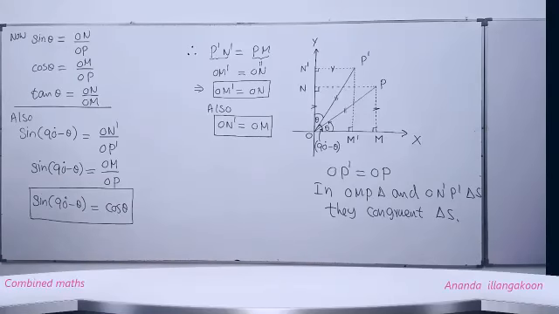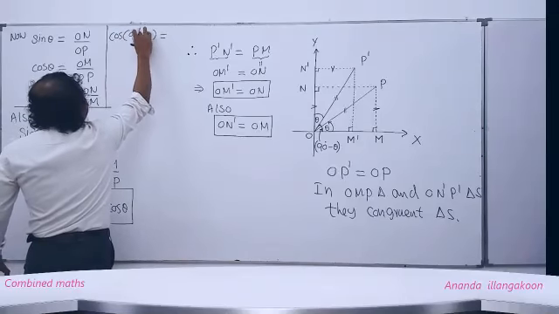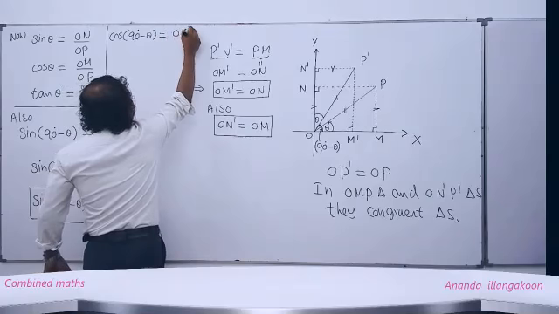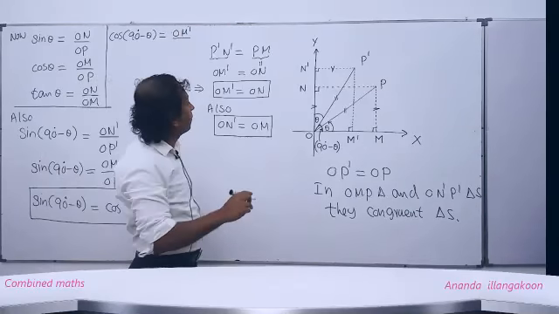Next one, people. I'm going to write cos(90 minus theta). Perpendicular projection of this OP dash on the x-axis is OM dash, divided by OP dash.